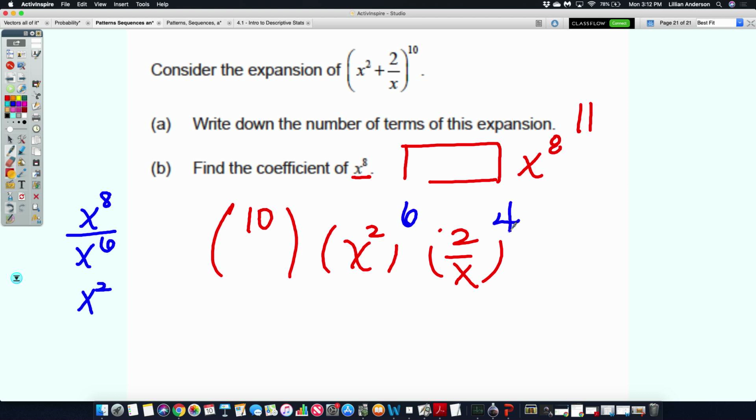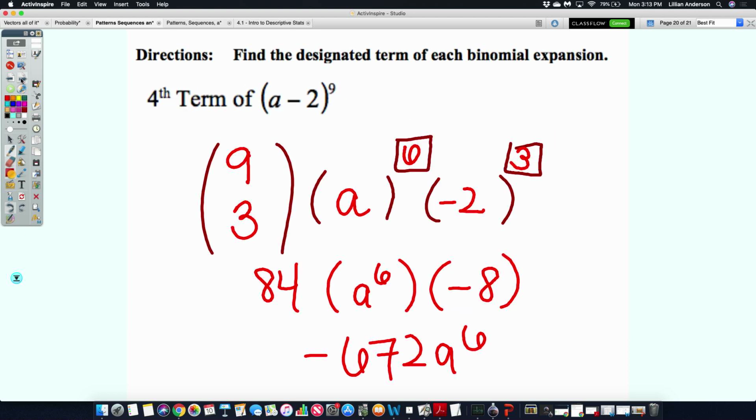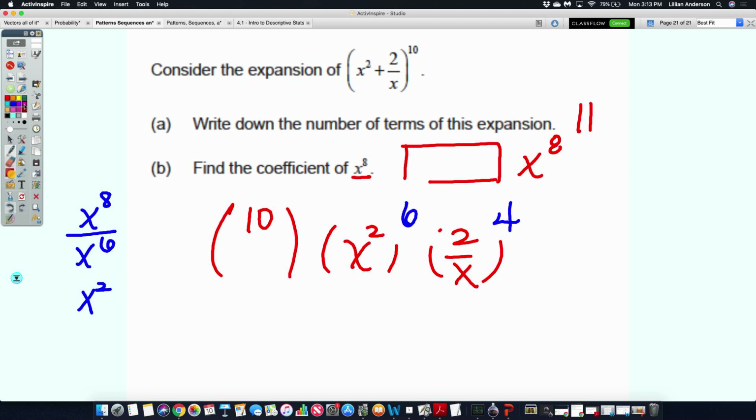Now, if you're wondering how am I supposed to know that? You remember when I wrote this here, how that's n minus r, and that's r over there? You see in the pink? One way that you could do this, I'm going to do off to the side, is that you know you're trying to get to x to the 8th. Which means that x to the n minus r times x to the r, because that's what these are, have to give you 8.